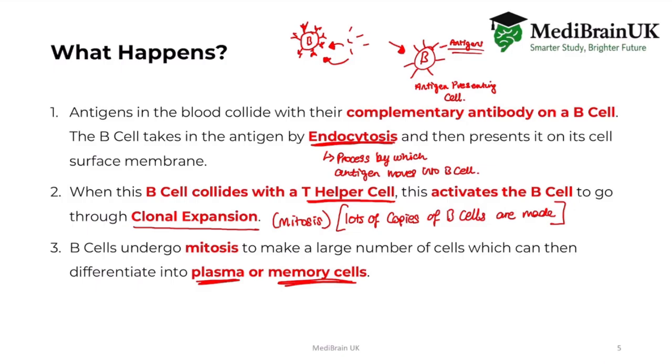That produces a lot of B cells, and that large number of B cells will either differentiate into plasma cells or memory cells. Okay, so that's what happens in your humoral response. We're going to go through a diagram now just to visualize it a little bit more.